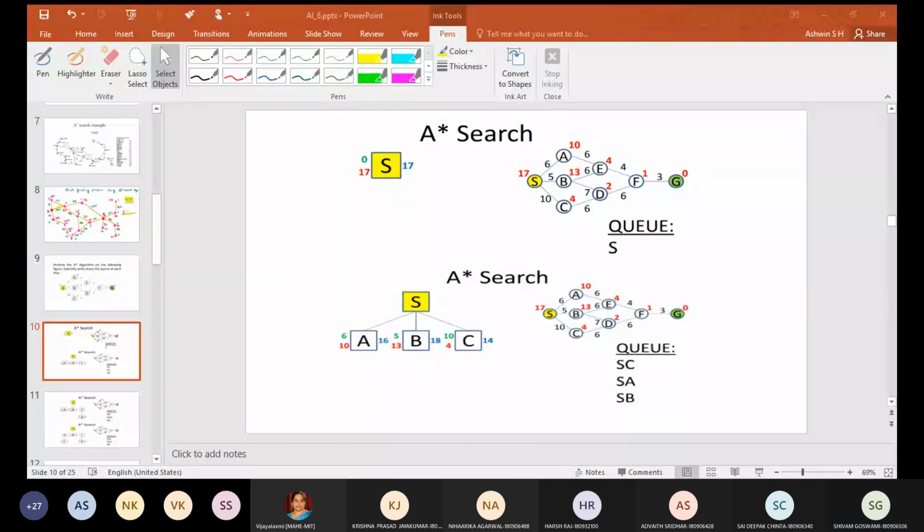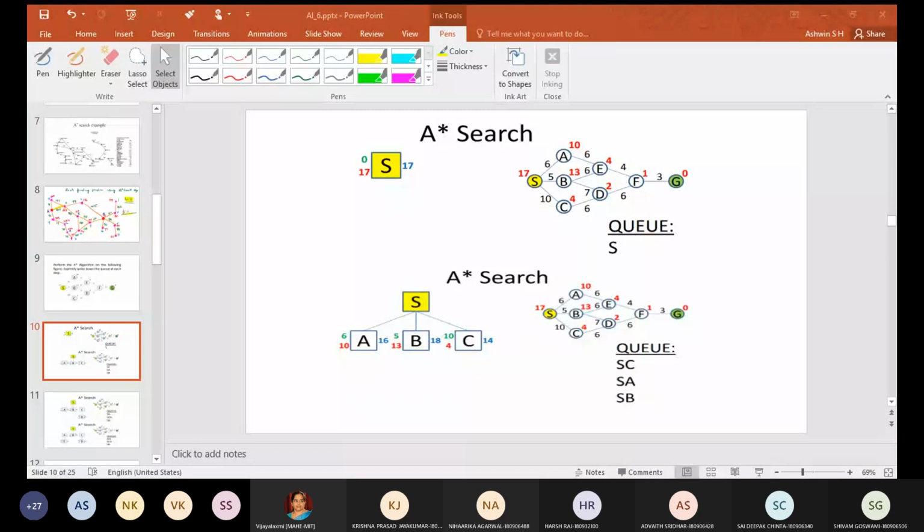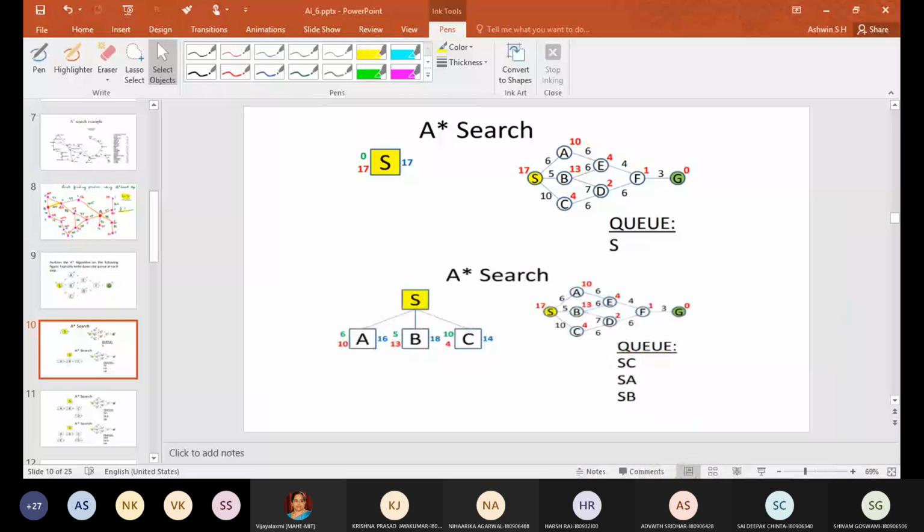I think 18 is the right answer. I think Shreyas has got 18. That is the right answer, I guess. I'll show you the steps. Let others complete. 18 is the right answer which I have got.